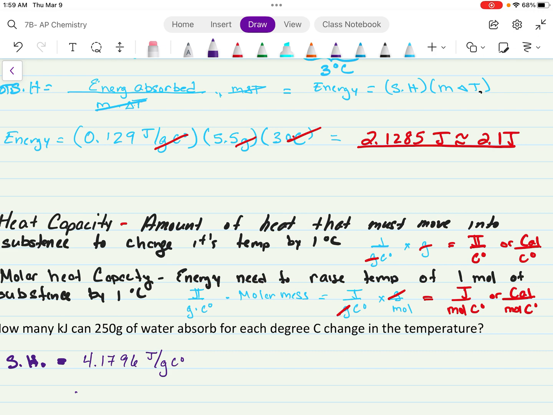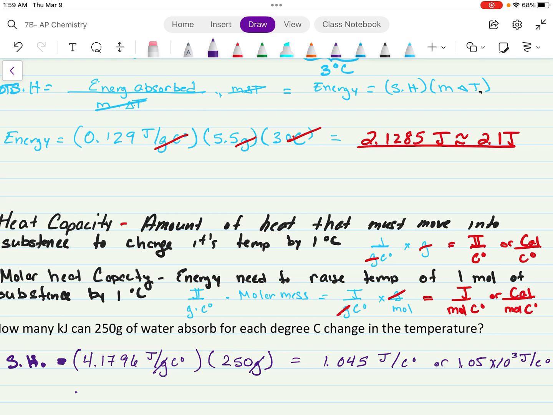And remember what we said, it's going to be just times the mass. So we're going to multiply this by 250 grams of water, and the grams are going to cancel. We're going to end up with 1.045 joules per degree Celsius, or you can write it as 1.05 times 10 to the third joules per degree Celsius.